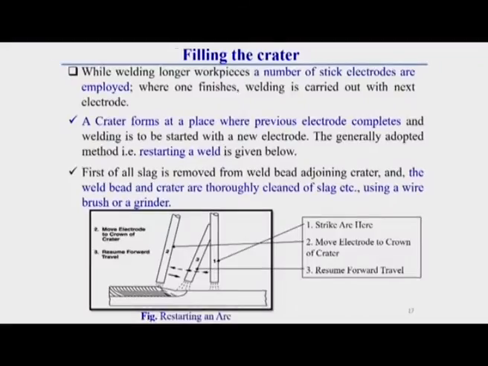A crater generally forms at a place where the previous electrode is complete and welding is to be started with a new electrode, as I have told you. Before restarting, slag is removed from the weld bead adjoining the crater, and the weld bead and crater are thoroughly cleaned of slag. First we remove slag near the crater region, then clean it properly using a wire brush or grinding.